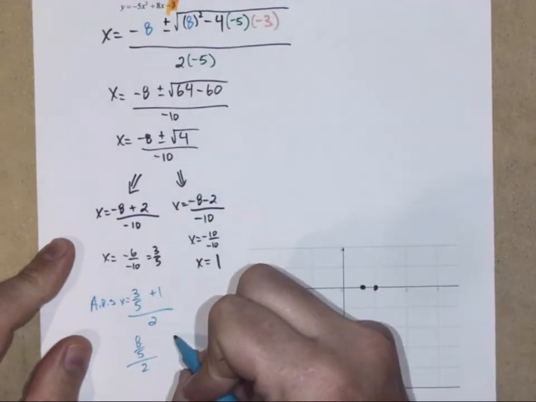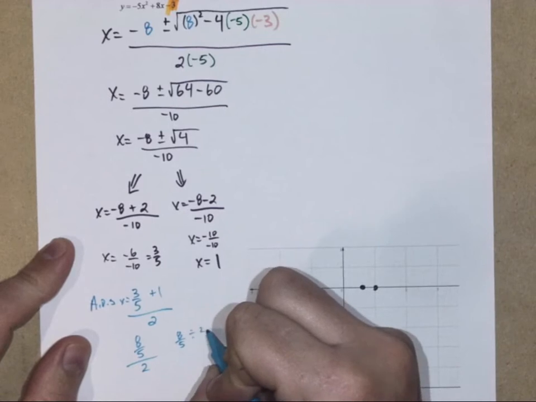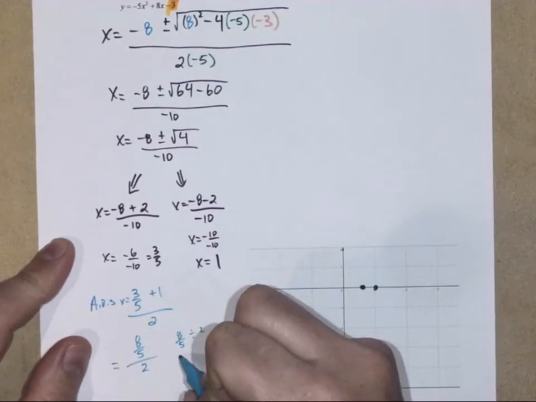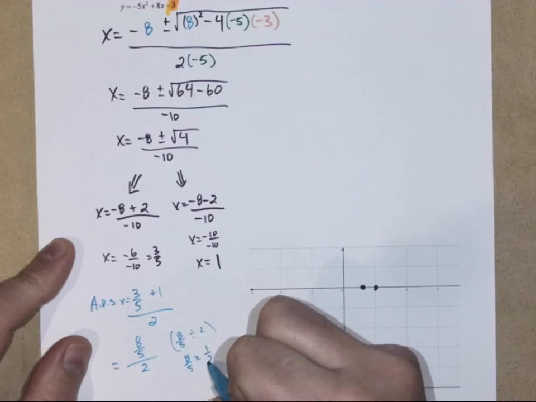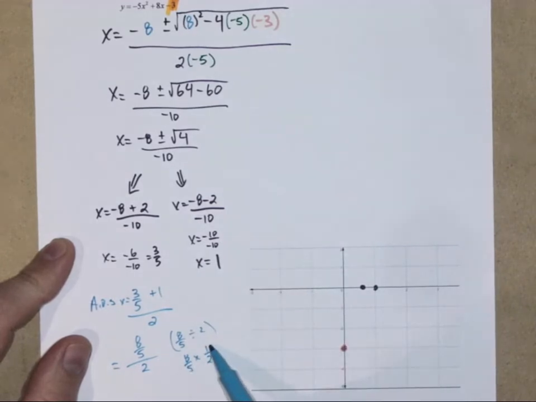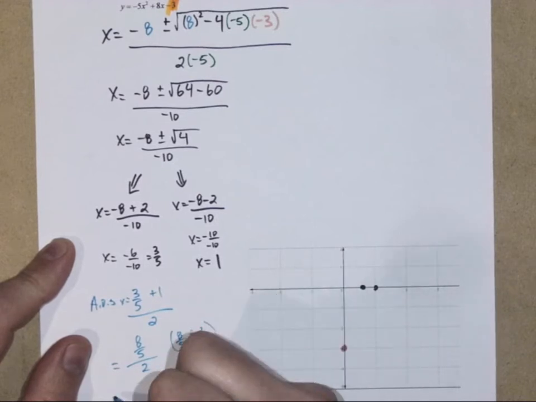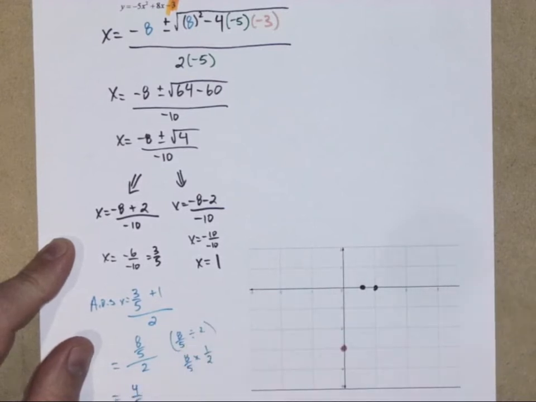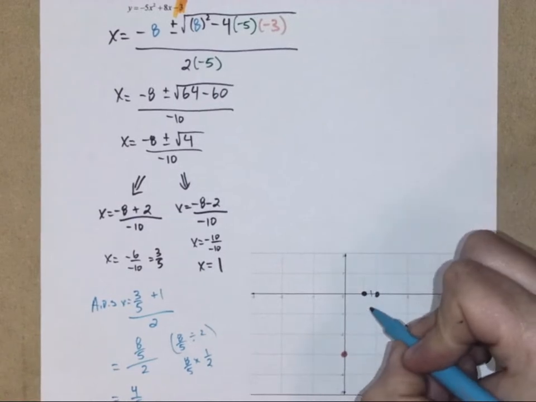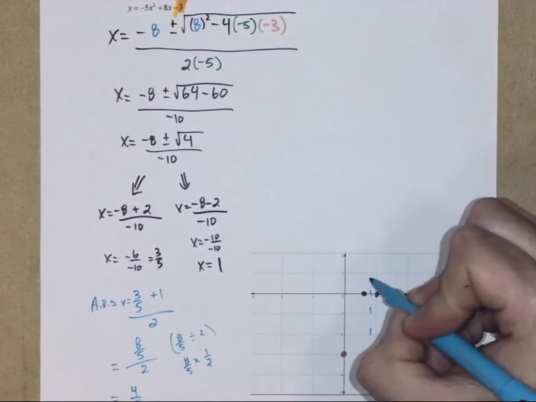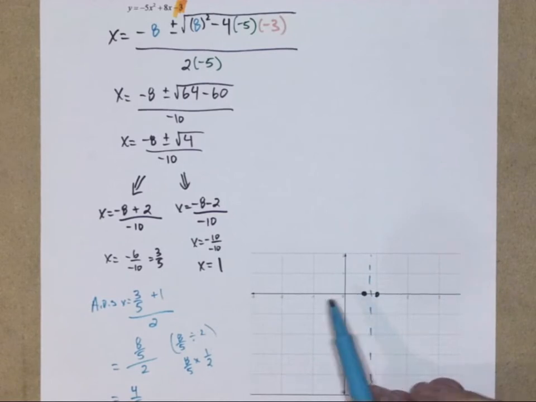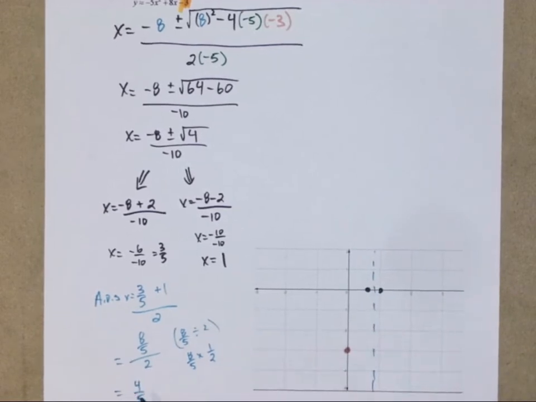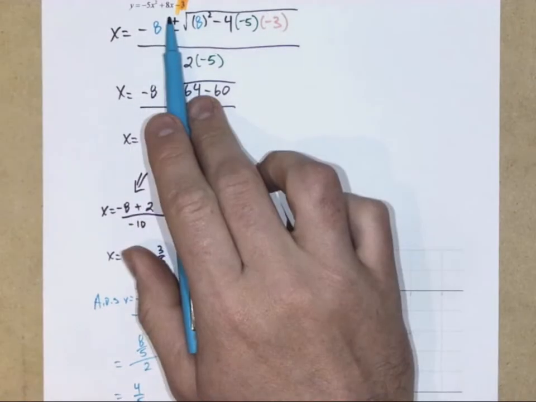Remember that 8/5 divided by 2 is really 8/5 times 1/2. 8 times 1 divided by 2 is 4, divided by 5 is 4/5. So my axis of symmetry is 4/5. And that makes sense looking at the graph because it's halfway between them. So that's how I would have done that. And then I would take that 4/5 and sub it back into standard form.